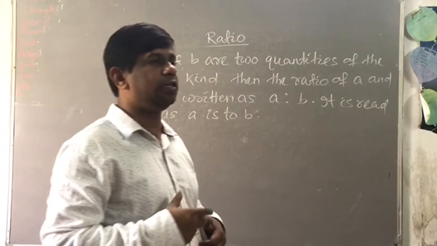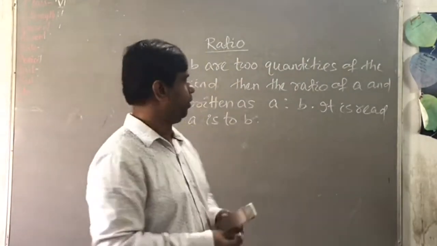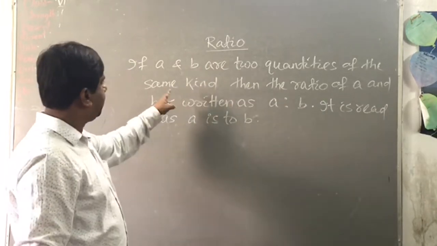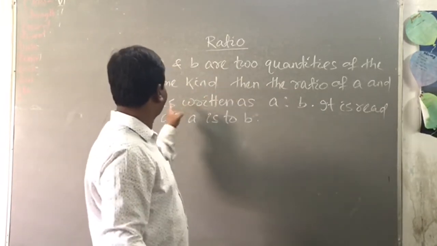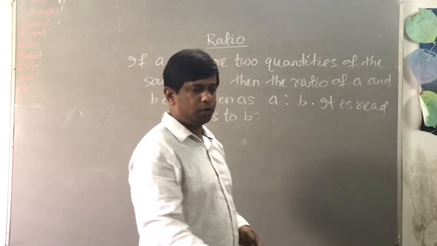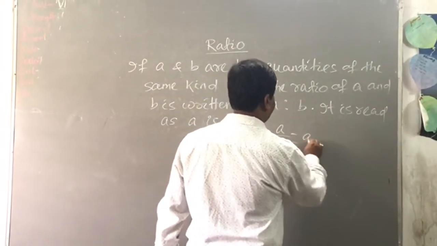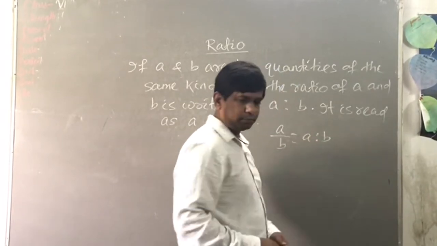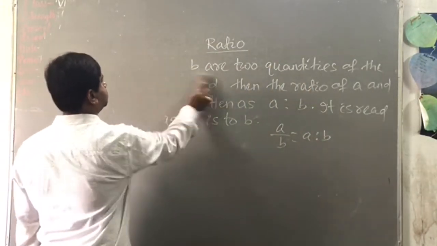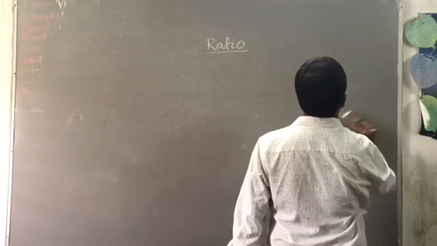If A and B are two quantities of the same kind, then the ratio of A and B is written as A is to B. Sometimes it is also written as A by B, that is also A is to B.